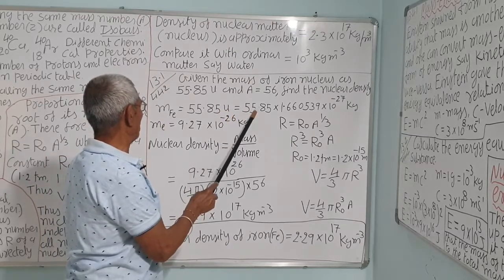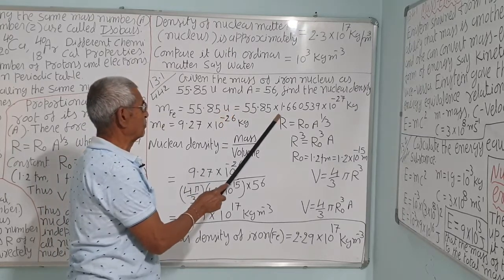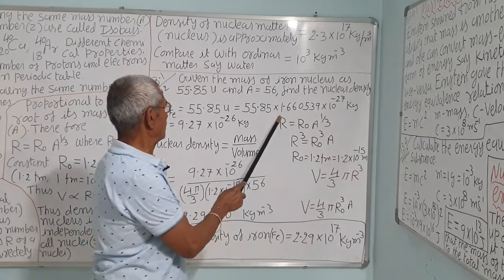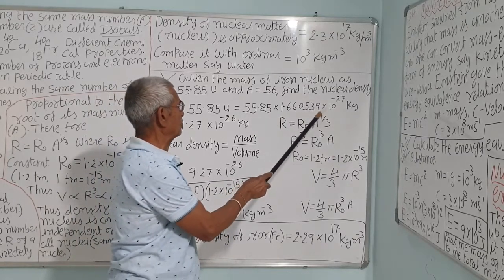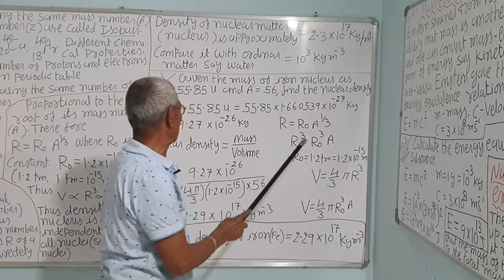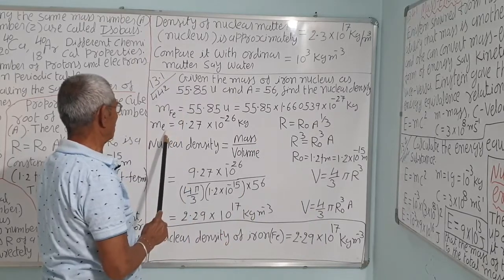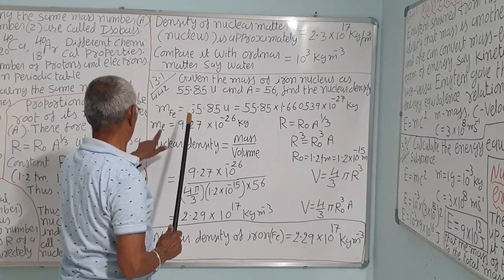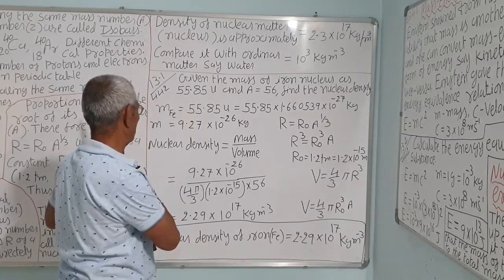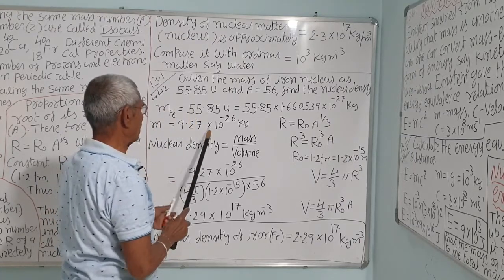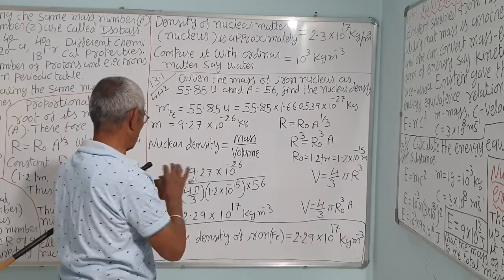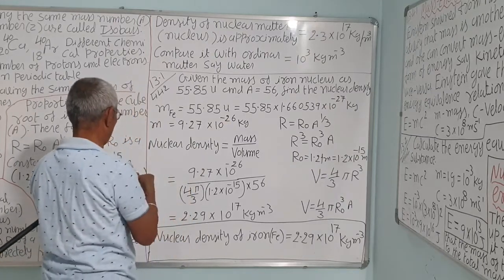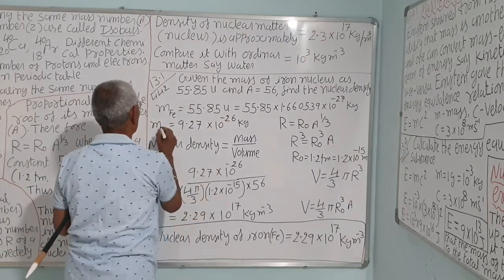One atomic mass unit is 1.660539 into 10 to the power minus 27 kg, and the mass of Fe is equal to 9.27 into 10 raised to power minus 27.